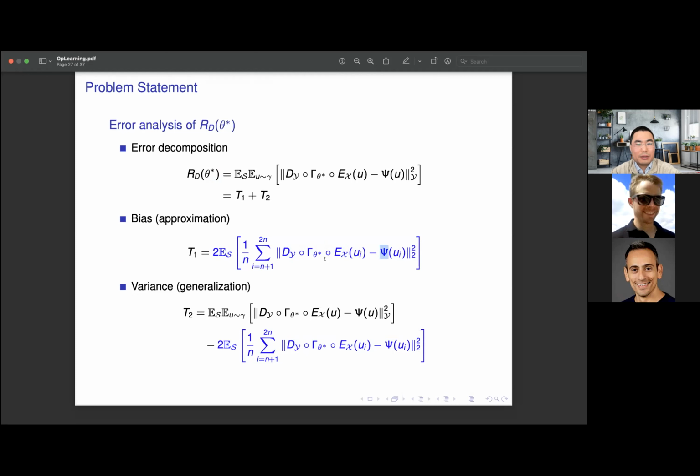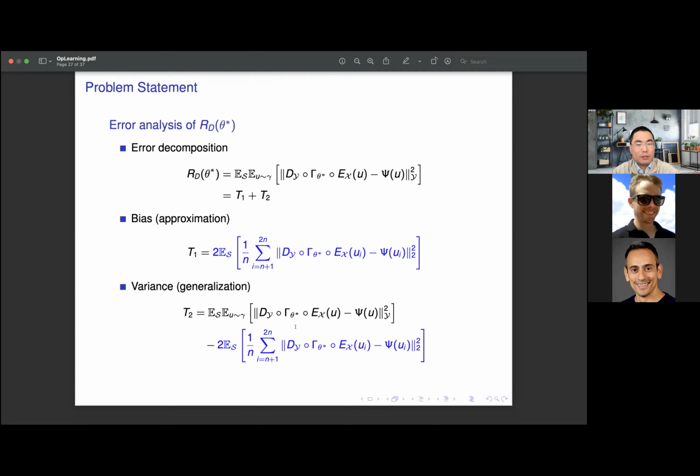So this means that we can develop some approximation theory for neural networks, such that if we can prove the existence of a neural network such that the composition here can uniformly handle all the samples well, then the error here can be bounded with a small error term. So this is essentially approximation theory for neural networks.